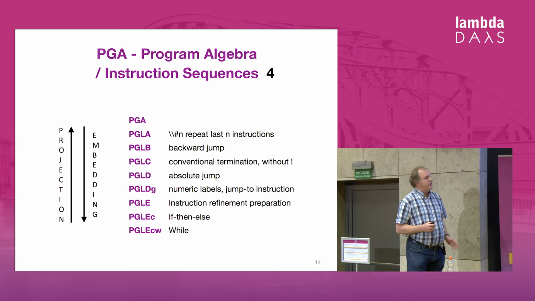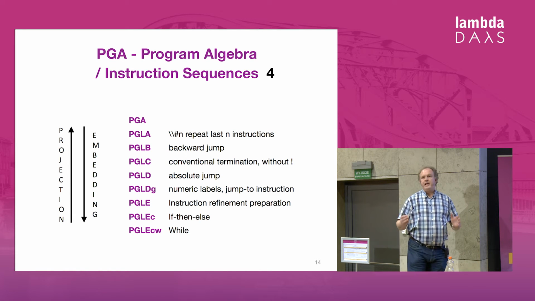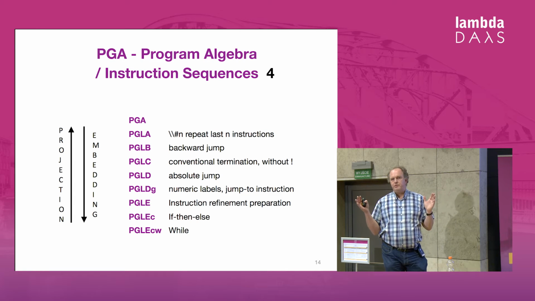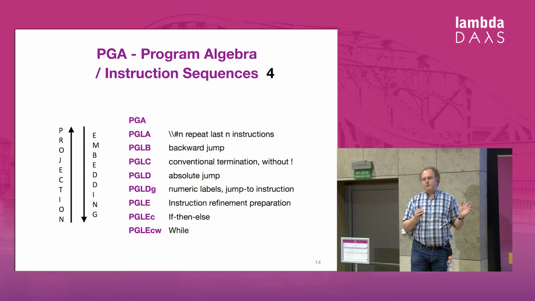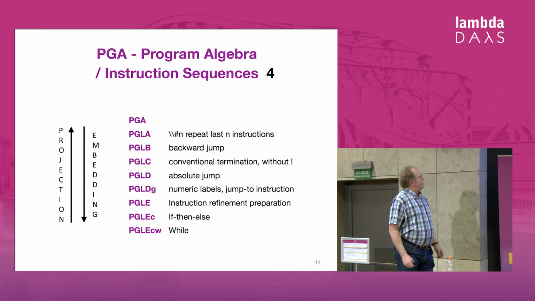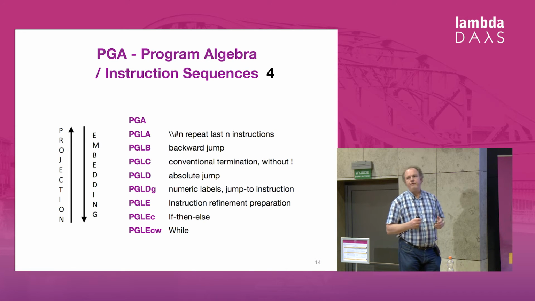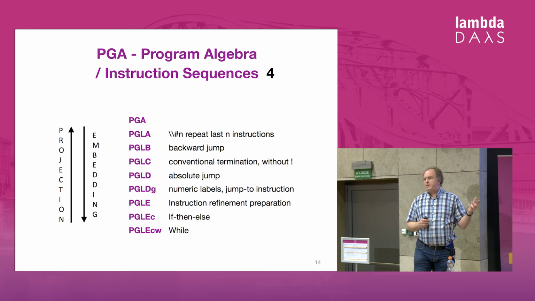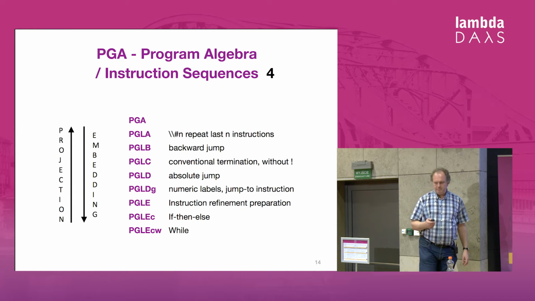Then, this is a very low level, but you can go higher and make higher levels out of it. For instance, we had only forward jumps, but we can define backward jumps in terms of these forward jumps in higher levels. And on still higher levels, you can have numeric labels and gotos to those labels, and even if, then, else, and while constructs.